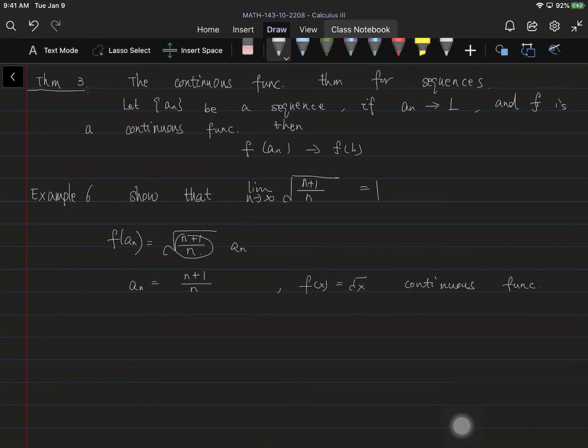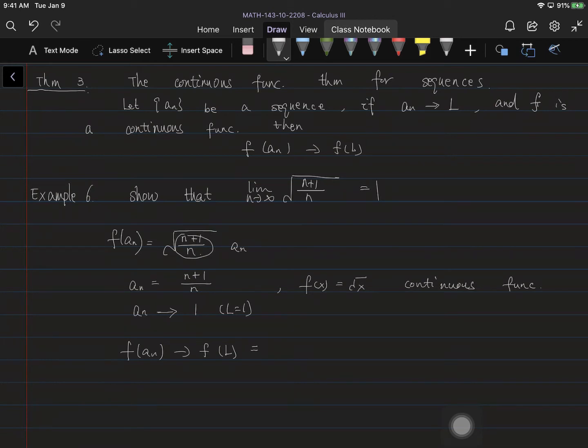And an goes to what value? From here we can easily see an goes to 1, and that is the L in our theorem, right? L equals 1. So what does f(an) go to? f(an) goes to f(L).